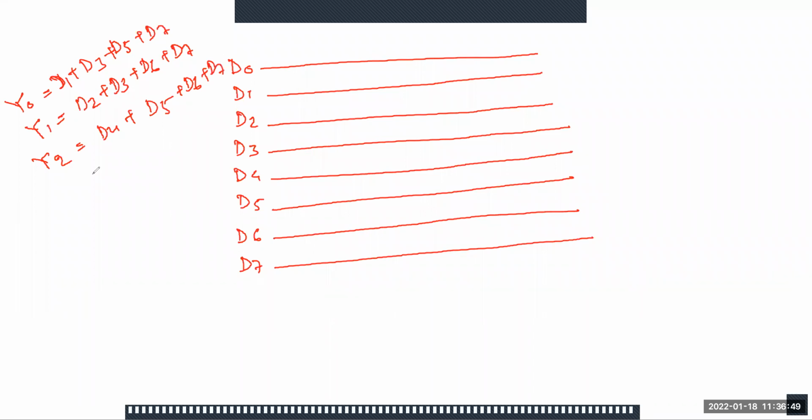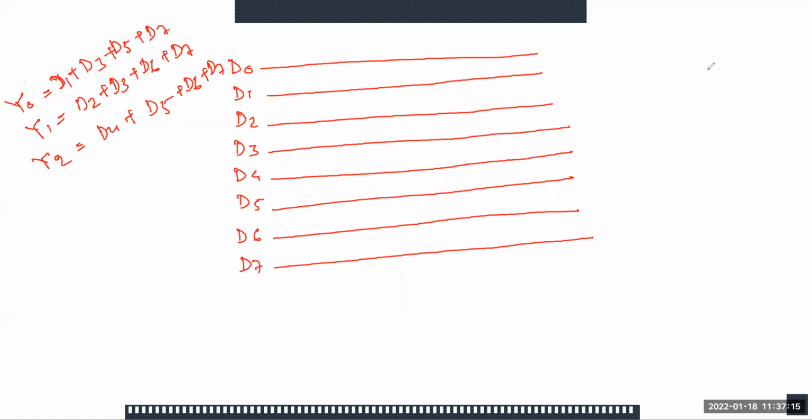One thing you should remember: whenever we are drawing the circuit, we design it in such a way that when D0 is high, the binary code 000 is generated. When D1 is high, the binary code 001 is generated, like this.